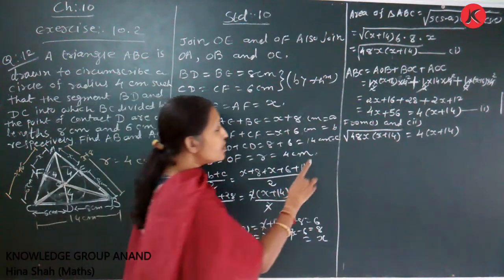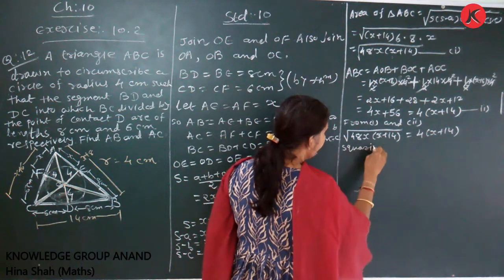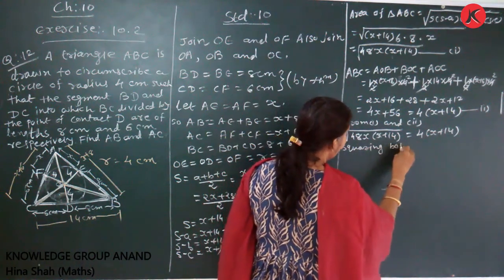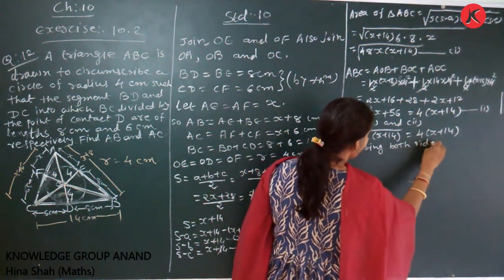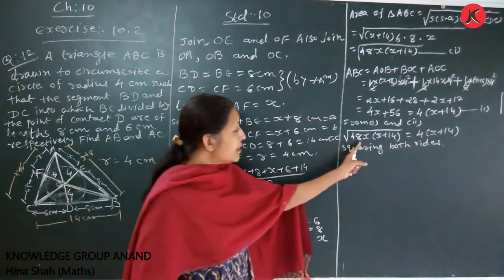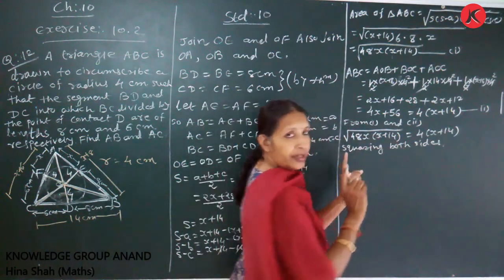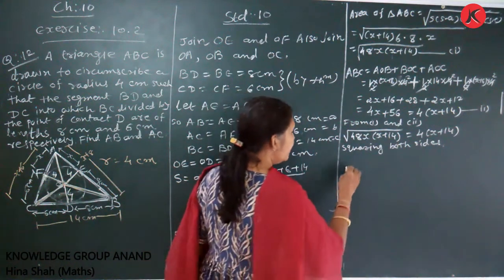Okay. Now squaring both sides. Squaring both sides, here the under root is removed. Square root is removed.